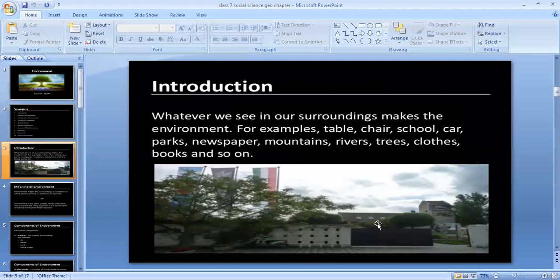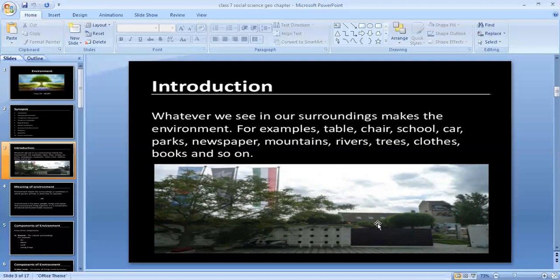Whatever we see in our surroundings makes the environment. For example, table, chair, school, car, parks, newspaper, mountains, rivers, trees, clothes, books, and so on. These all are our surroundings and make an environment.